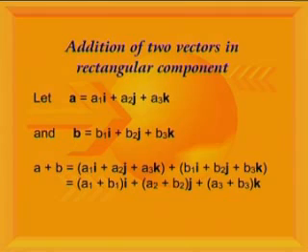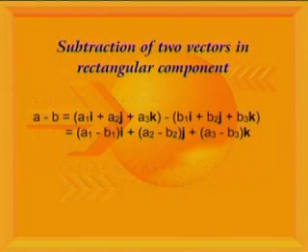We are just adding the x components to the x components, the y components to the y components, and the z components to the z components. And similarly for subtraction, A minus B will be (A1 minus B1)i plus (A2 minus B2)j plus (A3 minus B3)k.